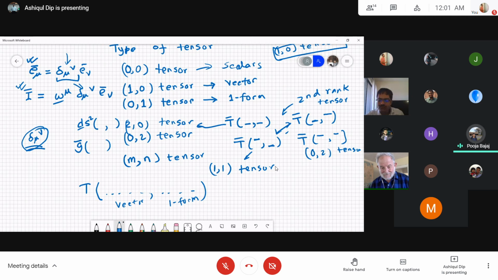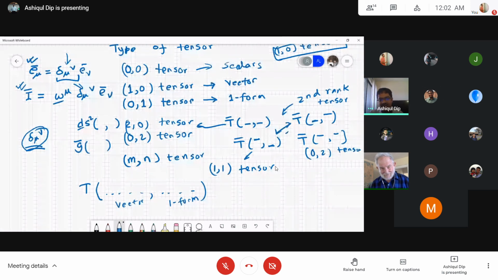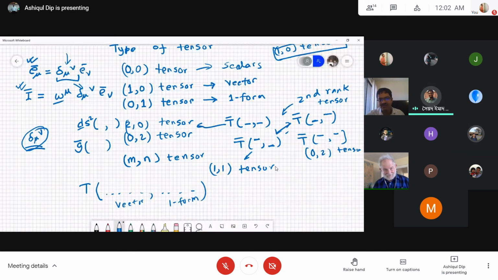Why is a (1,0) tensor a vector and not a one form? A (1,0) tensor is a vector because it can take a one form. So itself is a vector. The first slot is for vector and the second slot is for one form. So (1,0) means we can take one vector and zero one forms. No, it's the opposite.